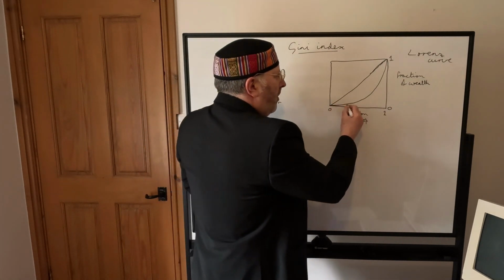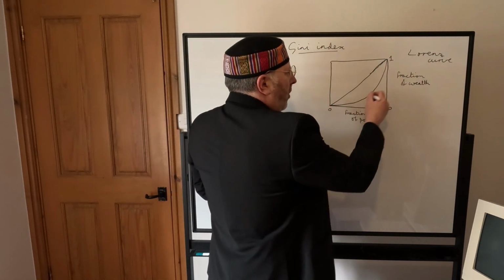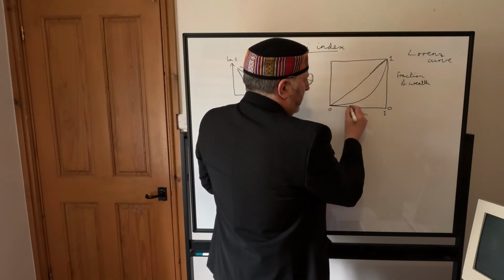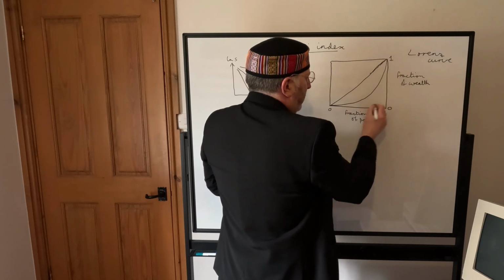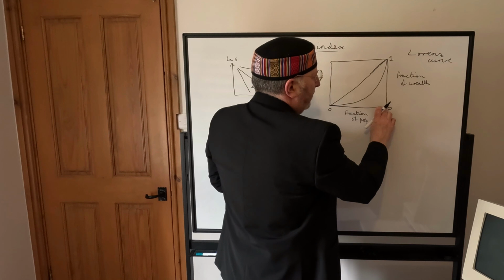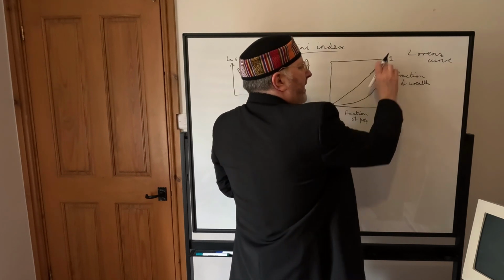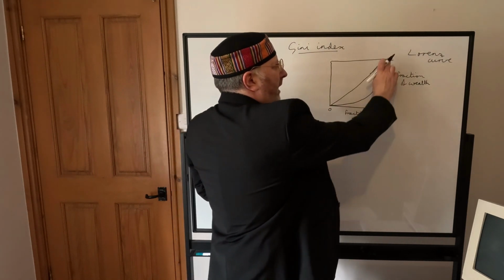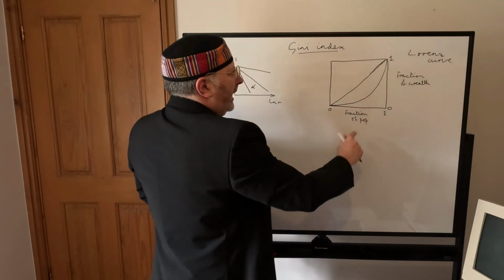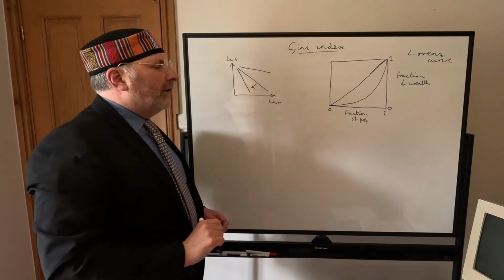And the more bowed this is, the more that is the case. In the extreme, if nobody had any wealth except the wealthiest person, this would go right along the lines of the box. Everybody would be 0 till we got to here, and then the last person would add 100% of the wealth. So the further away this is from the straight line, the greater the inequality.